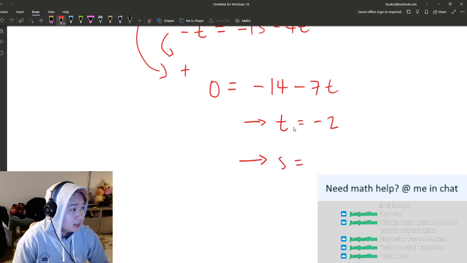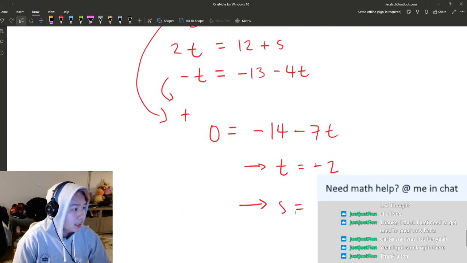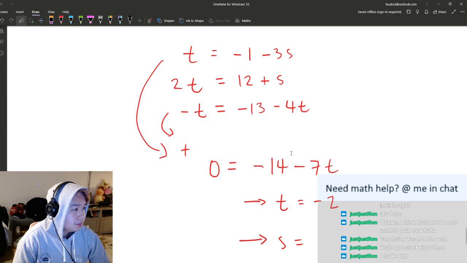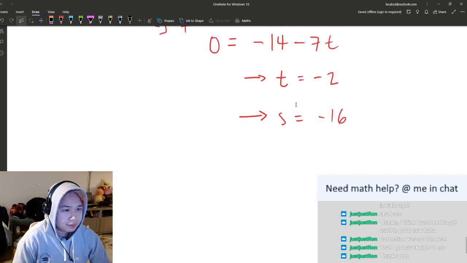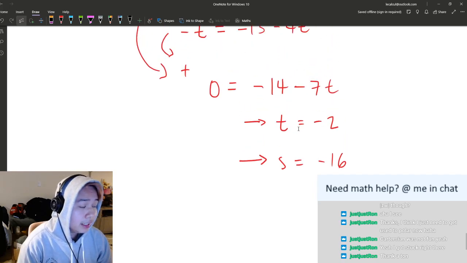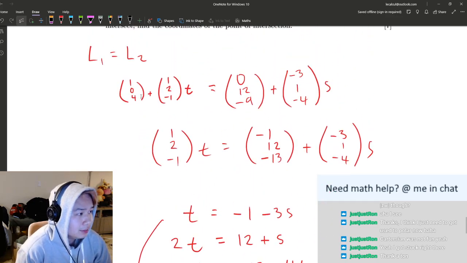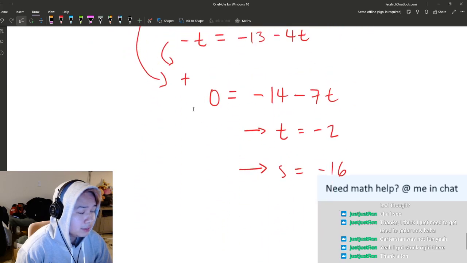This implies that s, we can go back and plug it in somewhere. So let's do the second one that I haven't used. If t is -2, then this is -4. So then s is -16. Okay, so then these are the parameters for our line, and then we can plug them back into each line equation and find out the coordinate and see if they're the same.